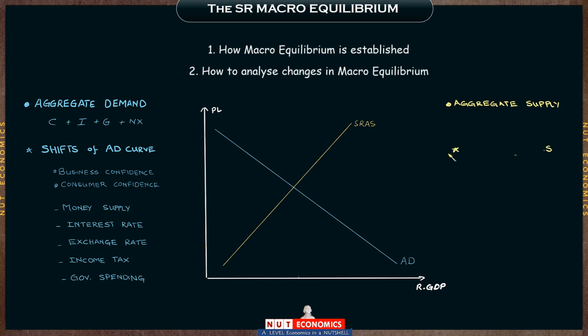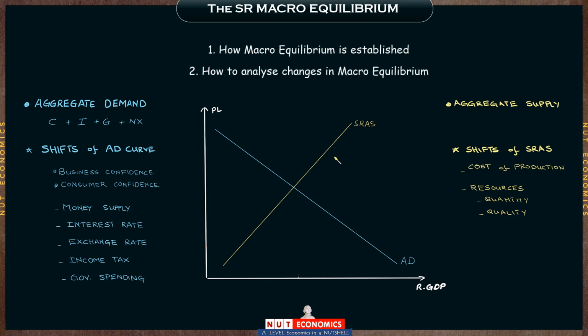And in terms of the shifts of the short-run aggregate supply curve, remember we said that it's either the changes in cost of production or the changes in the quantity and quality of the country's resources that can cause an increase or decrease, and therefore a shift right or a shift left of the country's short-run aggregate supply curve.